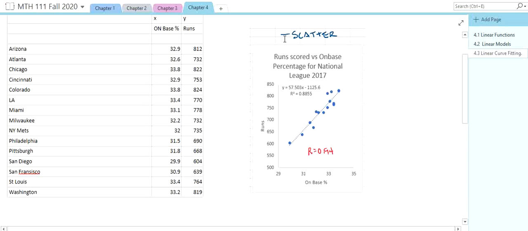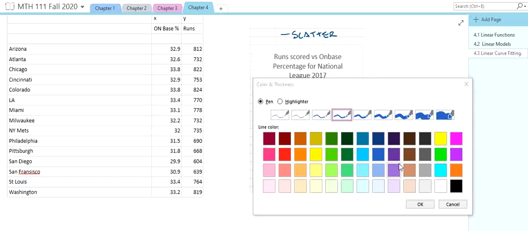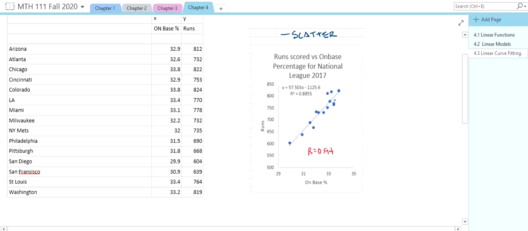So here we are with our scatter plot of this data, and just in summary, I got a regression line or a trend line in the Excel program. They call this a trend line.